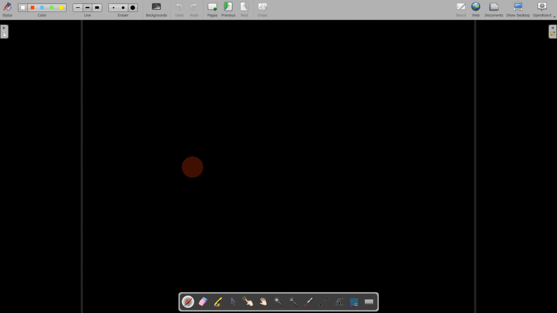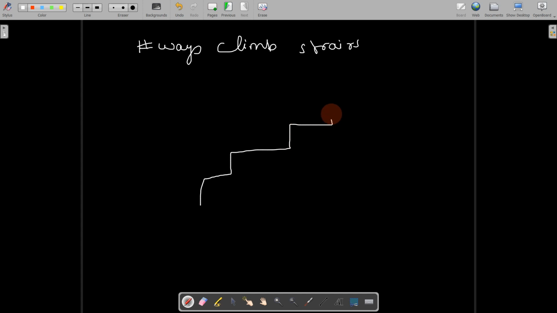Suppose you have to find the number of ways you can climb stairs. You have n stairs like this, and you can take one step at a time, or you can take two steps directly like this.